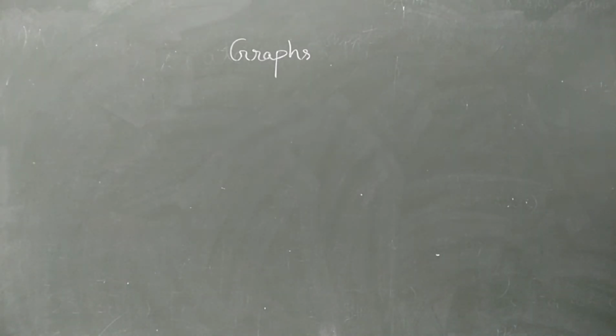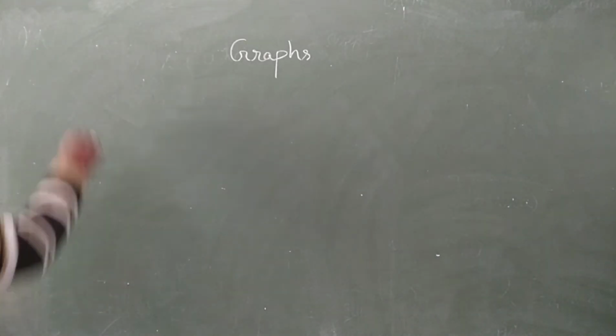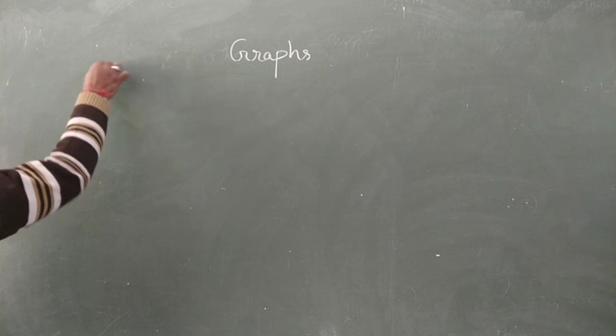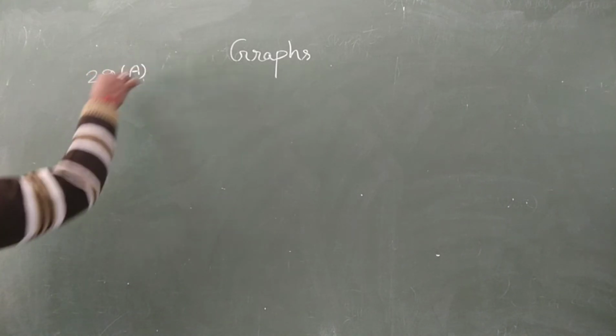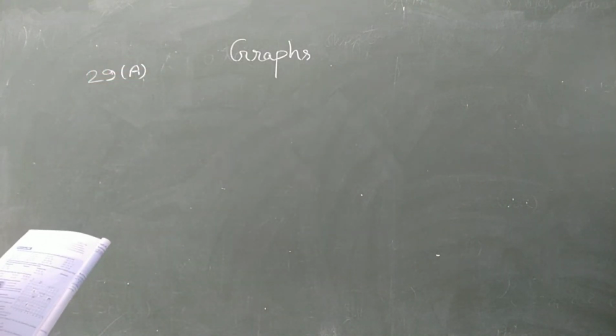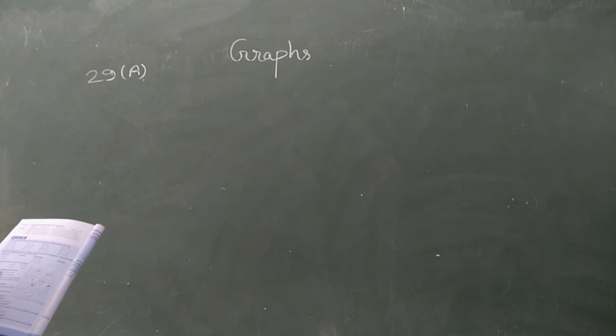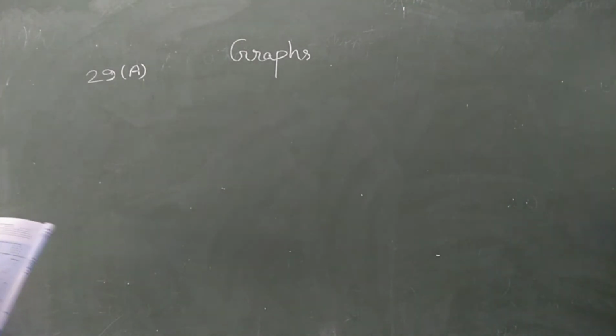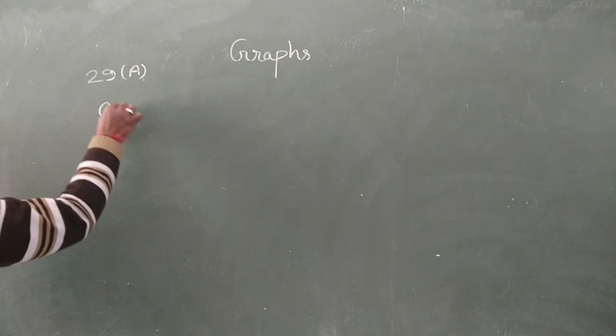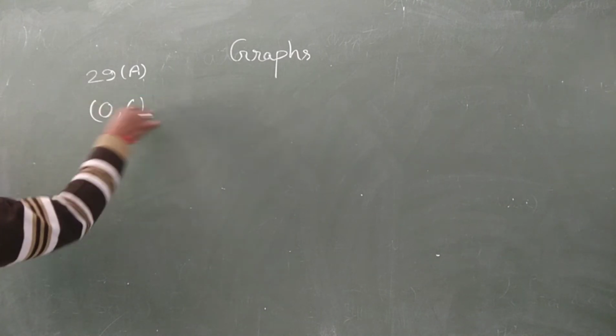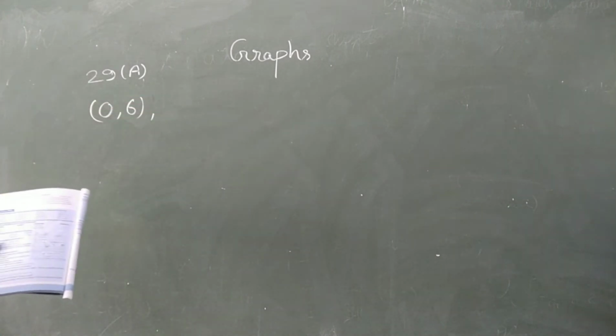Students, I am going to solve some questions and locate some points on your graph from exercise 29A of your book. There are some points, ordered pairs, that I am picking. One point is 0, 6. Another point is 7, 0.